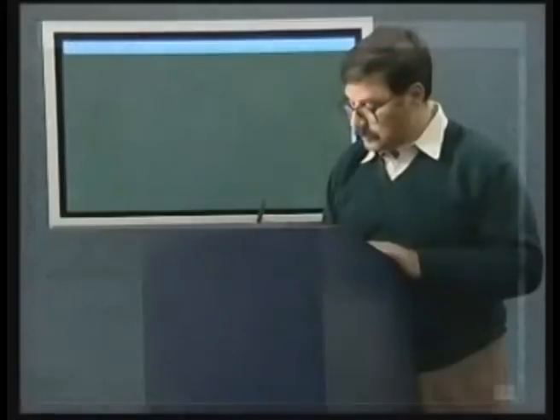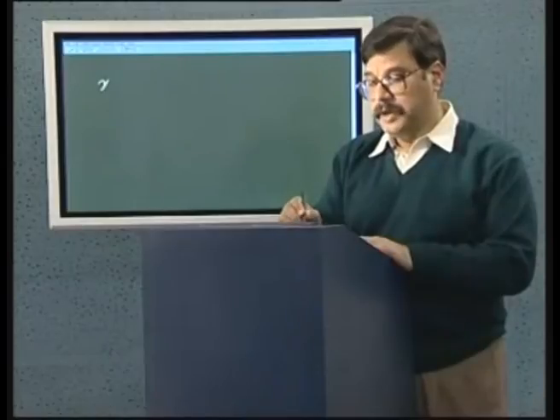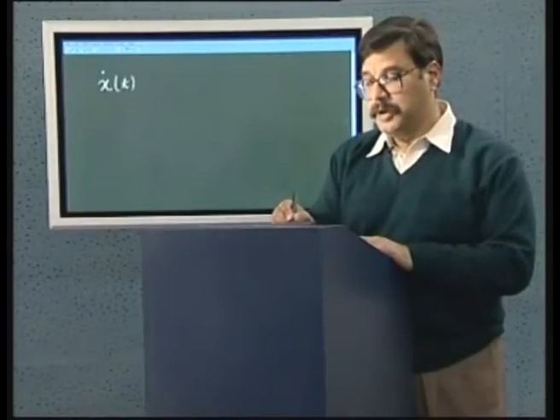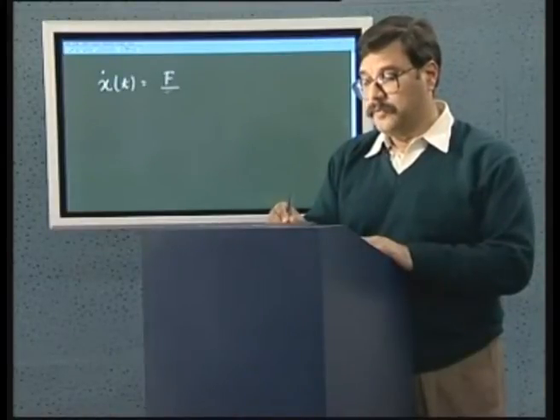Let us now look at this solution carefully. So I have x dot t equals F over k times (1 minus e raised to minus k over m t).